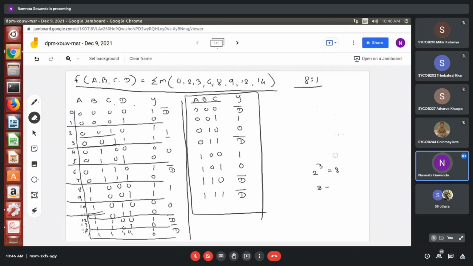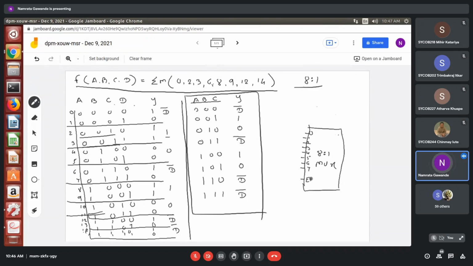We have 8 inputs, 0, 1, 2, 3, 4, 5, 6, 7.